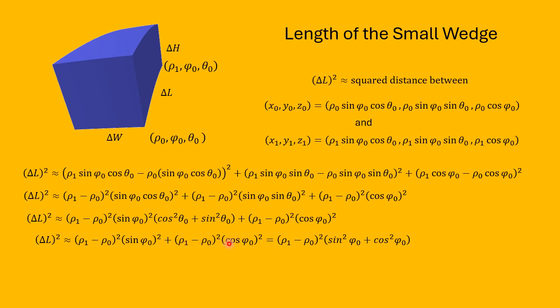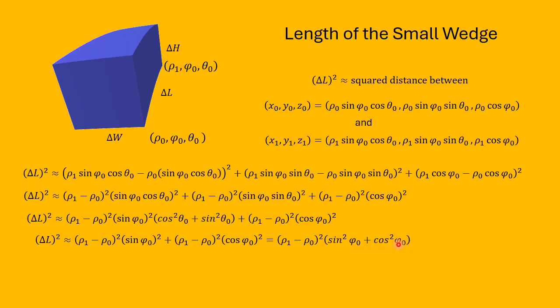And then if you look at this, what do we have? Well, we have a common factor in this term and in this term of (ρ₁ − ρ₀) squared. So we factor that out, and then we have that stuff squared here times sin² of this angle plus cos² of this angle. And so that's what we have right here.